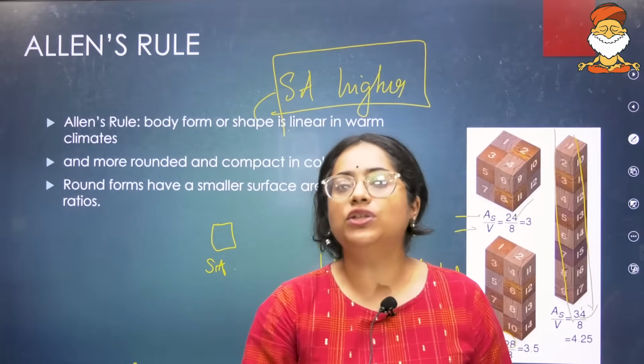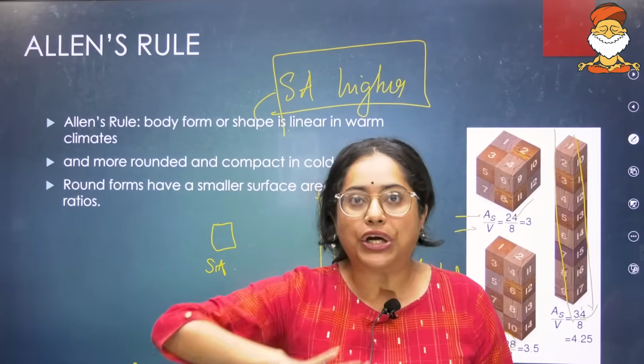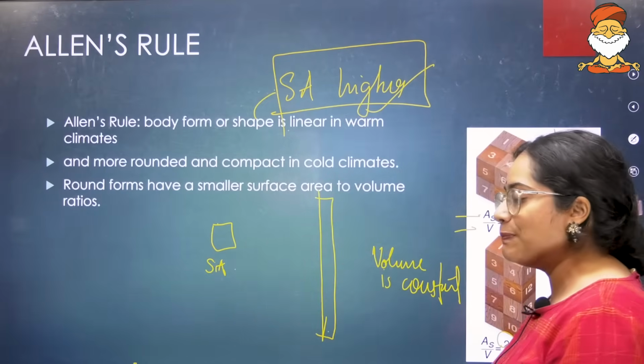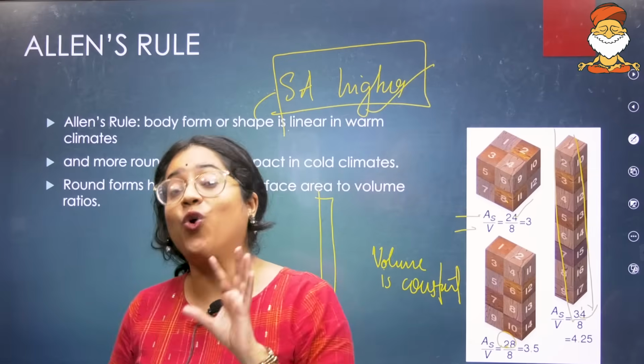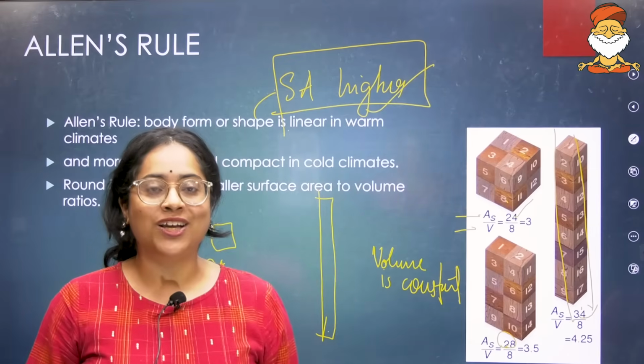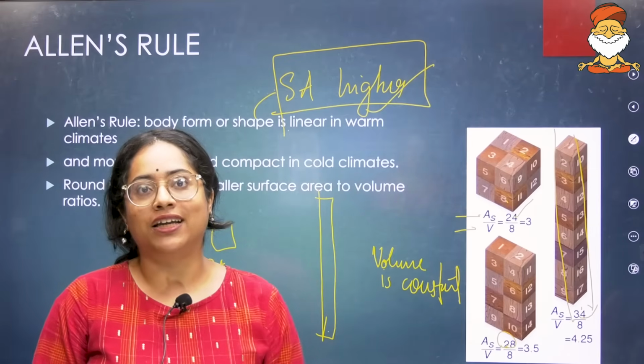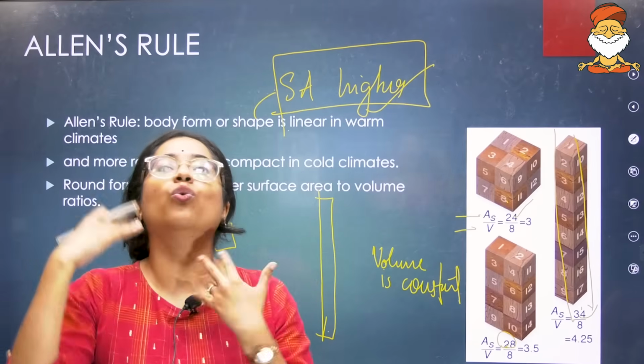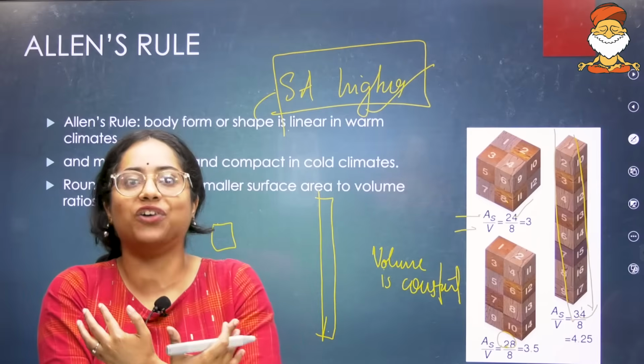In warm climates, you need more heat transferred out, and ideally you prefer a surface area which is linear. In cold climates, you don't need that much surface area. You cannot lose your body's heat because you need to preserve your body's heat.